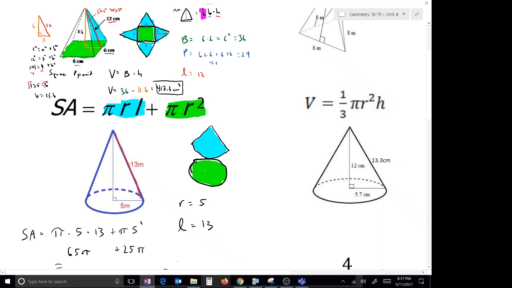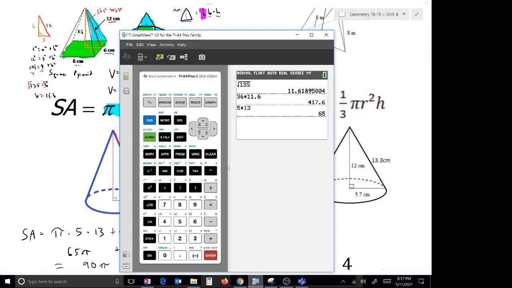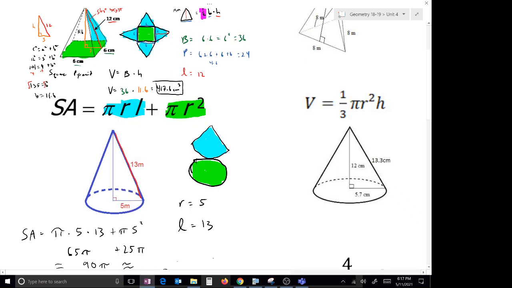So our exact answer is 65 pi plus 25 pi, which equals 90 pi, which is approximately 282.7 meters squared. All right, that's surface area.